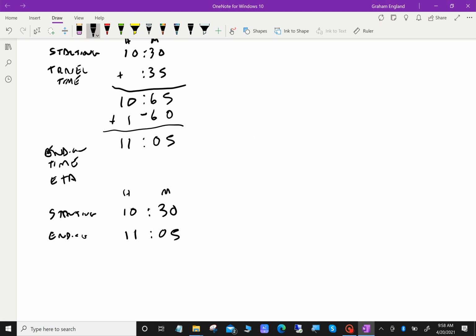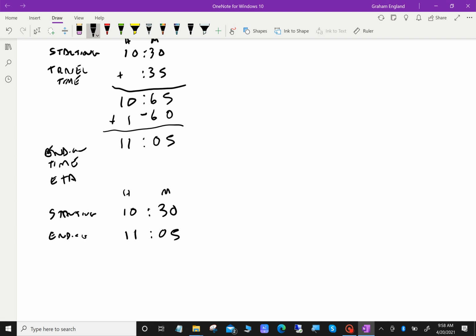And the question might be, how long did it take to travel? So one, they're asking you for your estimated time of arrival, where you would add your travel time to your starting time. And the other one is, what is the time that you traveled? You started at one time, you ended at another time.